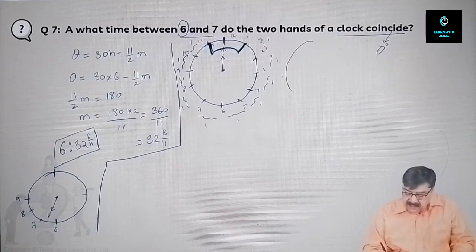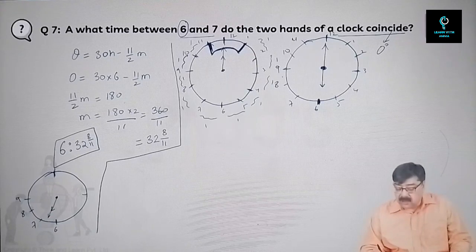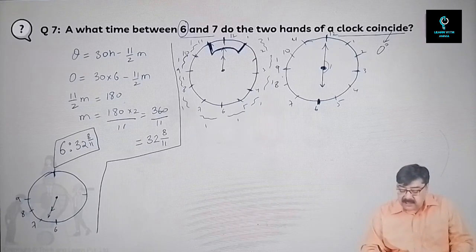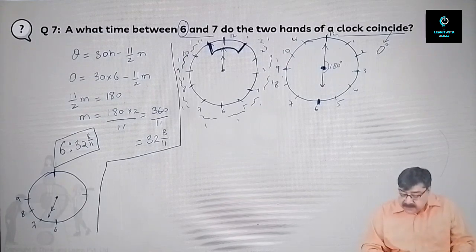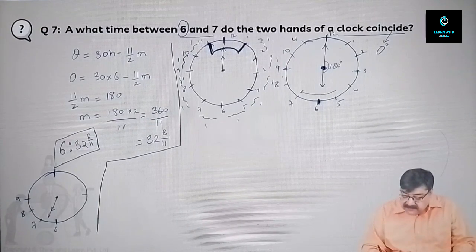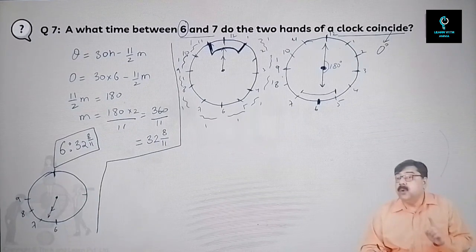Now similarly, at 6 o'clock, the two hands of a clock are in a straight line, or they form 180 degrees angle between them. Now there is a special timing, that is 7 and 5. In this 2 hour duration, 180 degrees angle is formed only once.